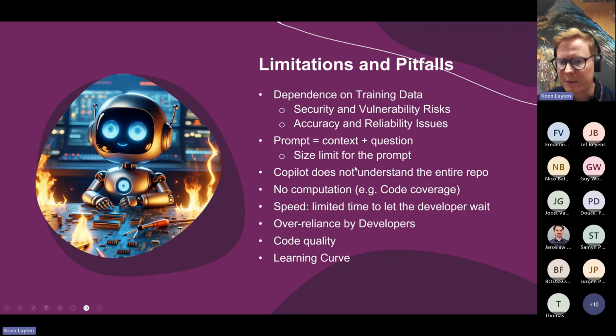Also, we have a size limit. For the prompt, there's a limited amount of tokens that we can send with every request. The prompt is the context that GitHub Copilot needs to build with all of the things surrounding your code that you're trying to do something with, and of course, your question itself.